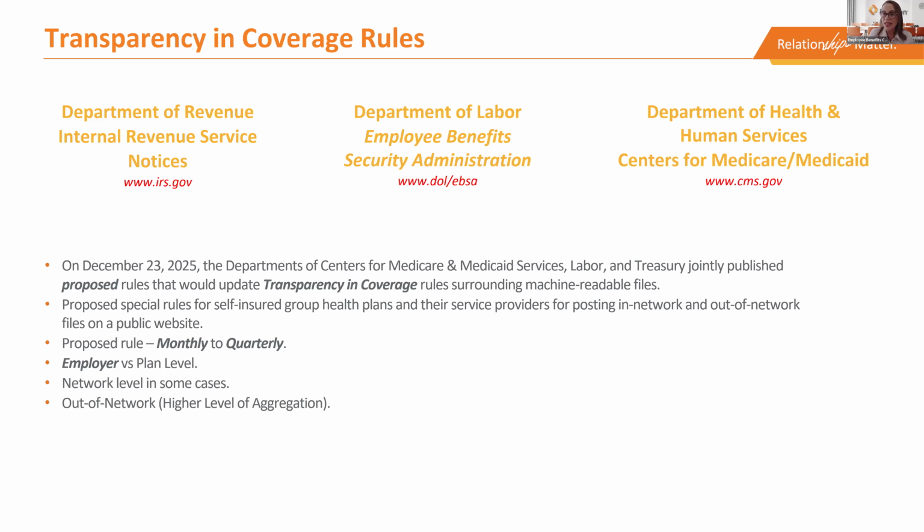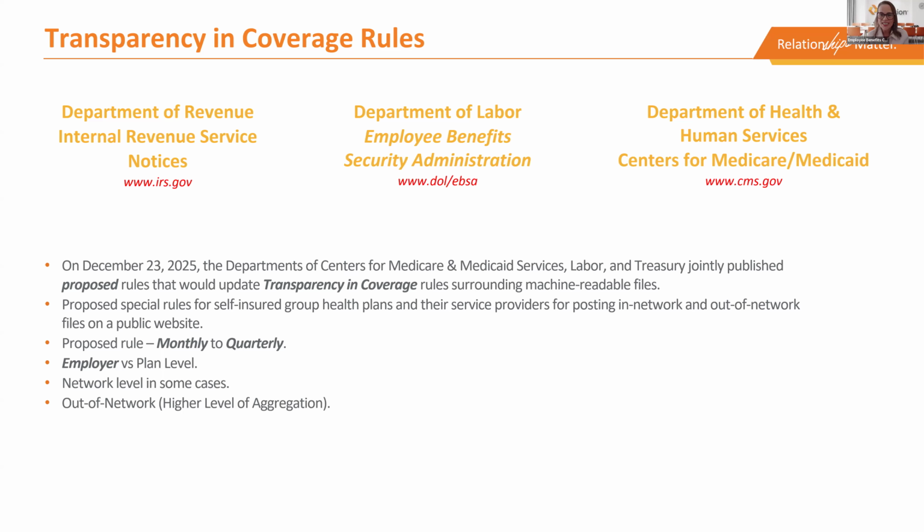If you have 3 plans, then for each plan, you would be required, or your TPA is likely, or your carrier health plan are posting on your behalf in a publicly facing location a URL so that anybody can get to your 3 files that you're supposed to be posting.